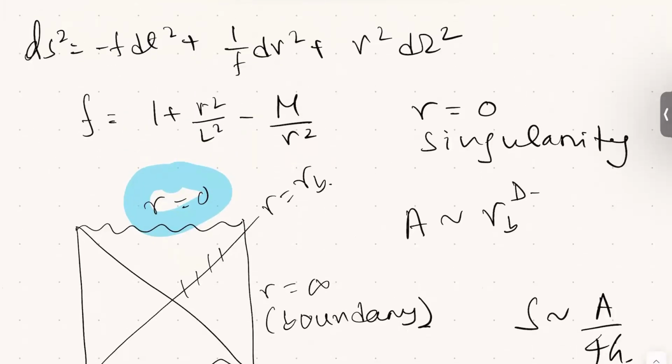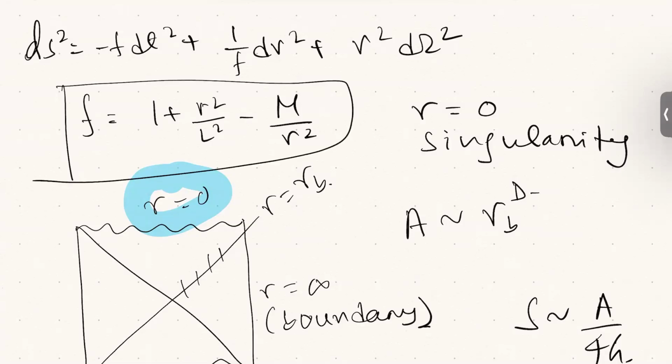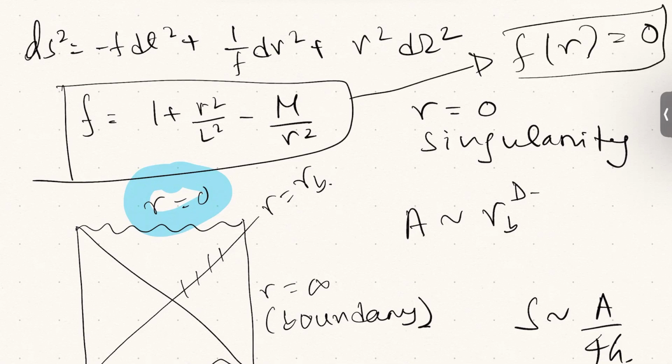How did you know that this solution has a horizon? You know it by solving this, right? Maybe you have seen it in your GR course, right? You can solve it.